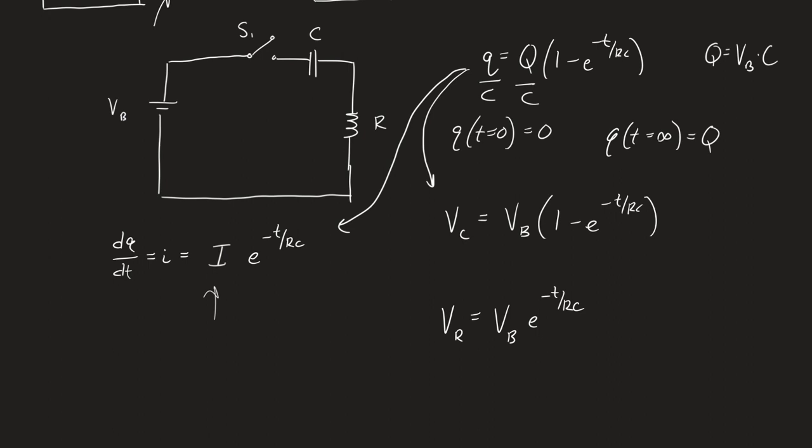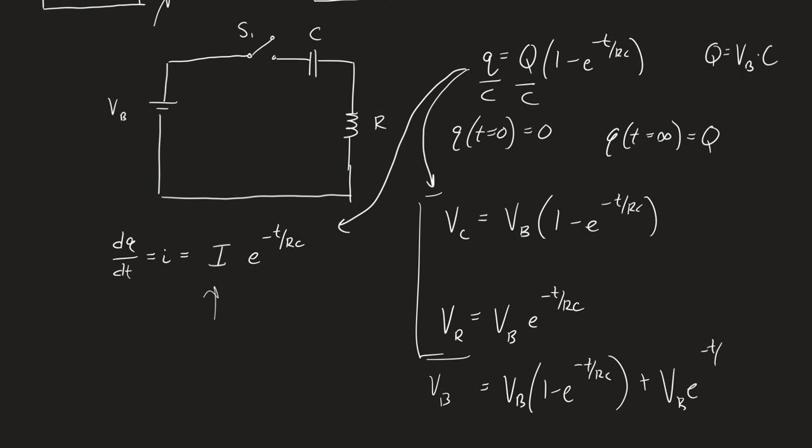Now, this is what we just saw, these two things. We plotted them side by side, and we saw exactly as it happened in real time. The voltage across the resistor was dropping, while the voltage across the capacitor was rising. And this total always equaled the voltage across the battery. Not a surprise, if I add those two things up, I get VB times 1 minus e to the negative t over RC plus VB e to the minus t over RC.